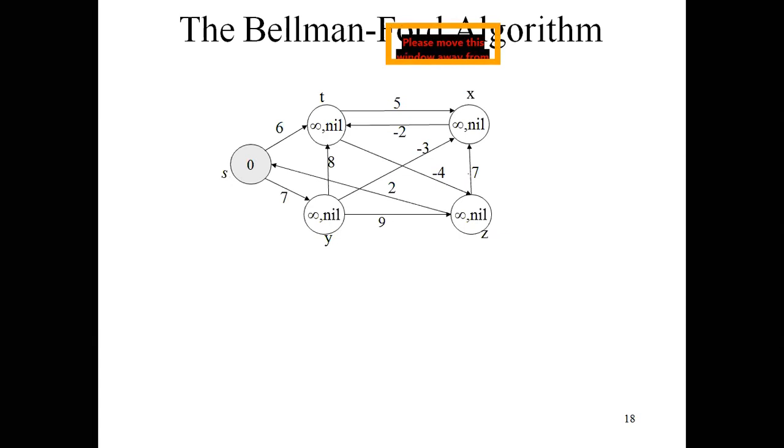The number of iterations is v minus 1. The total number of vertices here is 5, so 5 minus 1, 4 times we need to iterate. The source vertex is 0 and all the other vertices are infinity. Infinity indicates a larger distance.